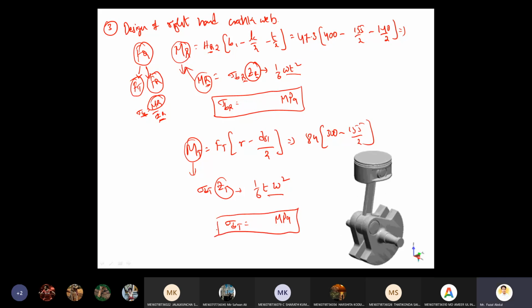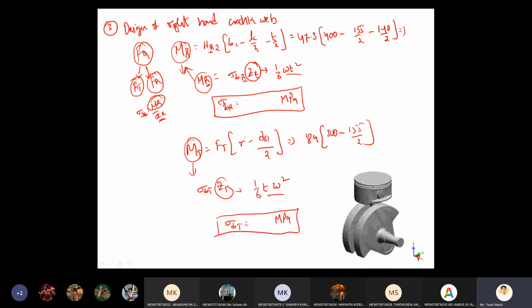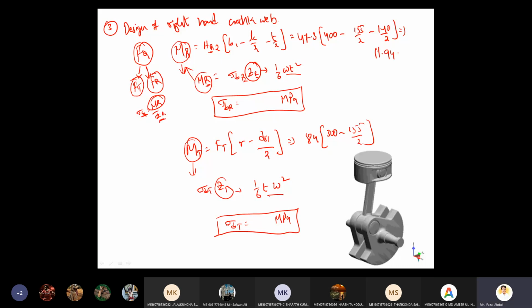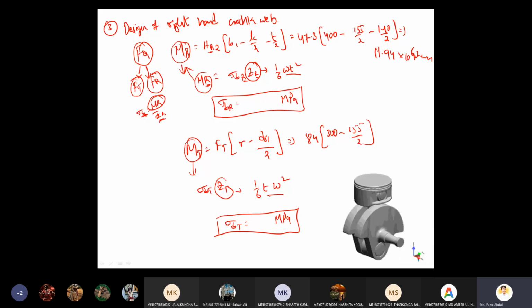Right. Now tell me this MR value. MR value how much? 11.94 into 10 to the power of 6 Newton mm. And W value we already calculated. How much is the W value here? 245.